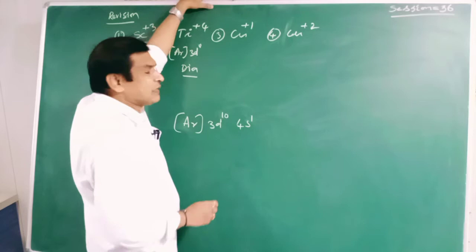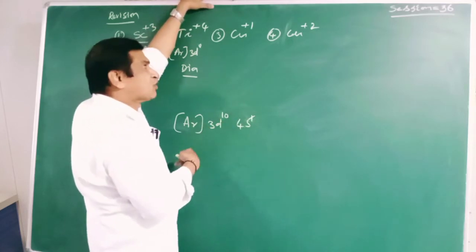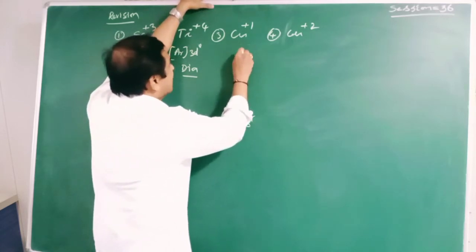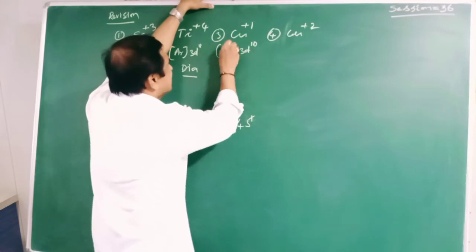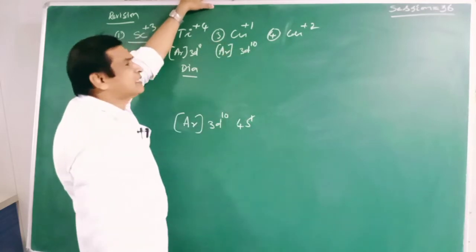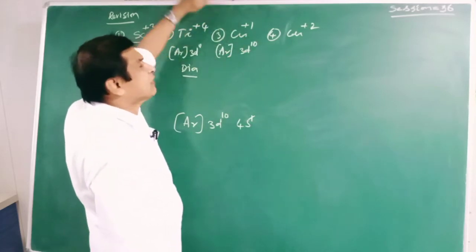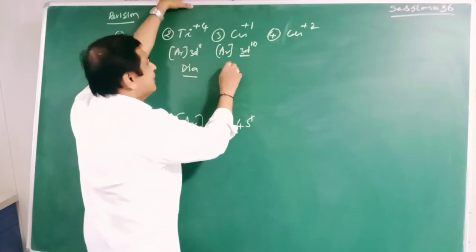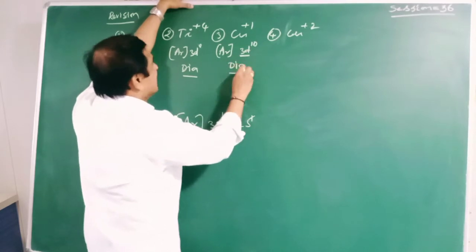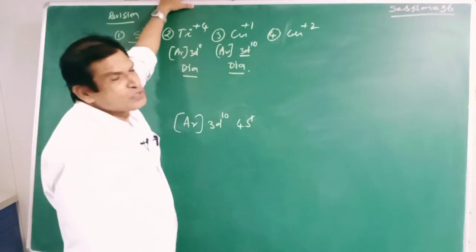Since it is plus 1, it loses the outermost 4s electron, so the 3d orbital is completely filled: argon 3d10. Since the orbital is completely filled, no unpaired electron is available. Hence it is also diamagnetic.